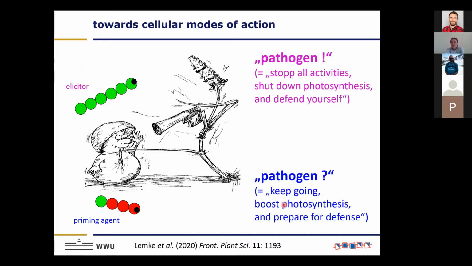It even boosts photosynthesis, but is prepared for defense. This explains why a plant treated with the right chitosan will have even better yield if there's no pathogen pressure, because photosynthesis is increased in preparation for defense. If there's no defense, then the extra energy provided by photosynthesis can be used for growth.